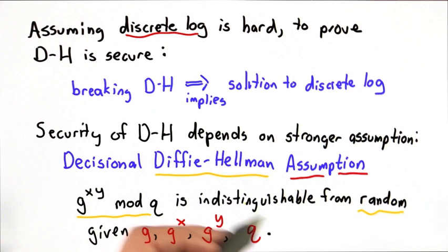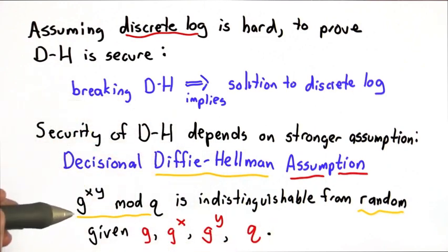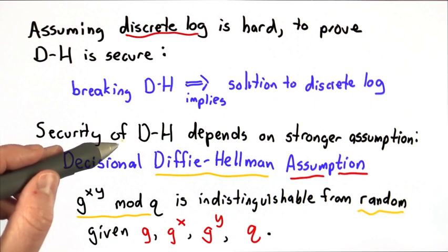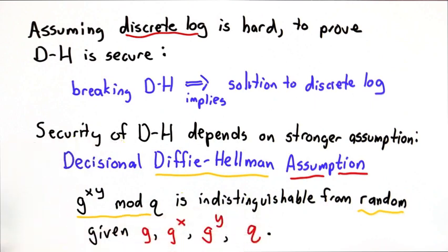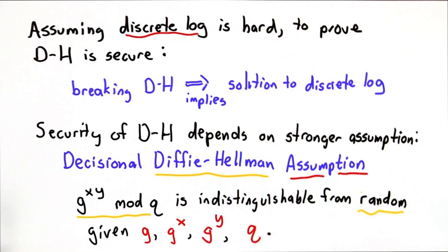These are the messages that would be intercepted. So if this assumption is true, that would be enough to prove that the Diffie-Hellman protocol is secure, and then an attacker who eavesdrops on all the messages can't compute the key. Because what the assumption is stating is that there's no way that they could tell that that value, which is the correct key, is any different from a random number, even when they have access to this information. So this is an assumption, and it's even worse than that. It's known that it's not true for certain values.